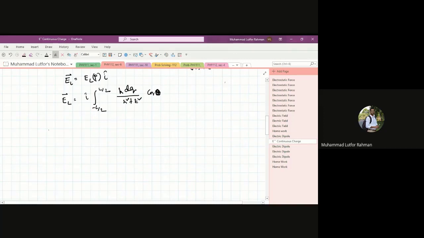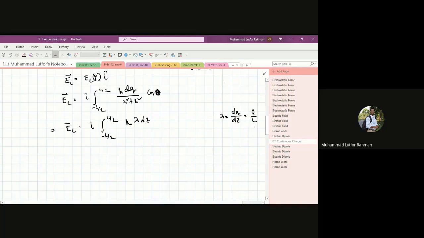Fine. So now we can do some calculation over here. So what would be there? I can write this would be the integral from minus L by 2 to plus L by 2 of k into dq. dq I can write as lambda into dz. Basically, we define the linear charge density lambda as dq over dz, equal to total q divided by total length, right?